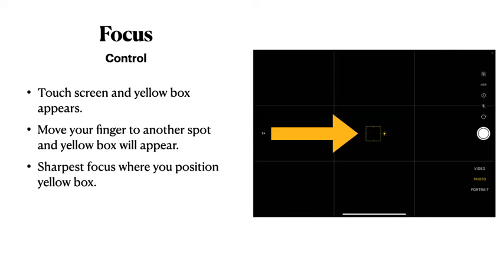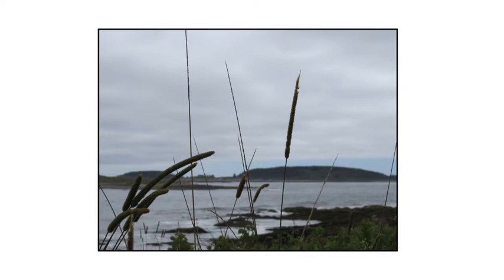Or you might move it to the foreground, and so that will be what's very sharp, and in the background will be slightly blurred. So you can have fun with moving the focus around to create different effects in your photos. Let me show you an example. Now here's a landscape picture.